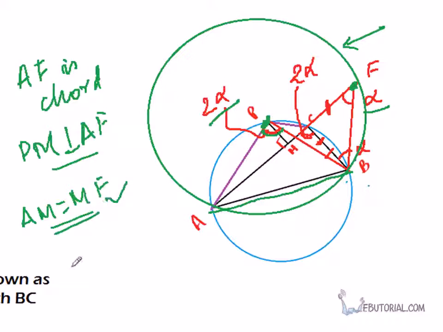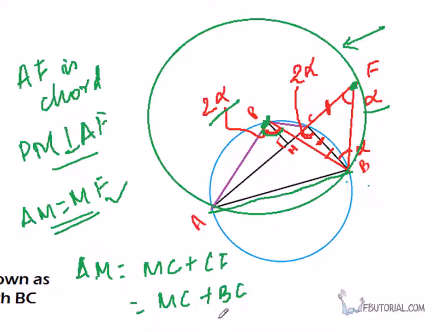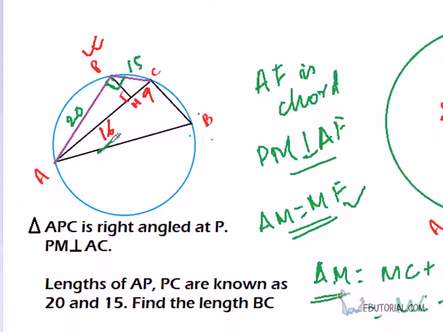Alright, if AM is same as MF, then we have AM equal to MC plus CF, which is MC plus BC. If this thing is happening, then we know the value of AM over here as 16, MC is 9, so BC value will be 16 minus 9 equal to 7. So these were our three problems.